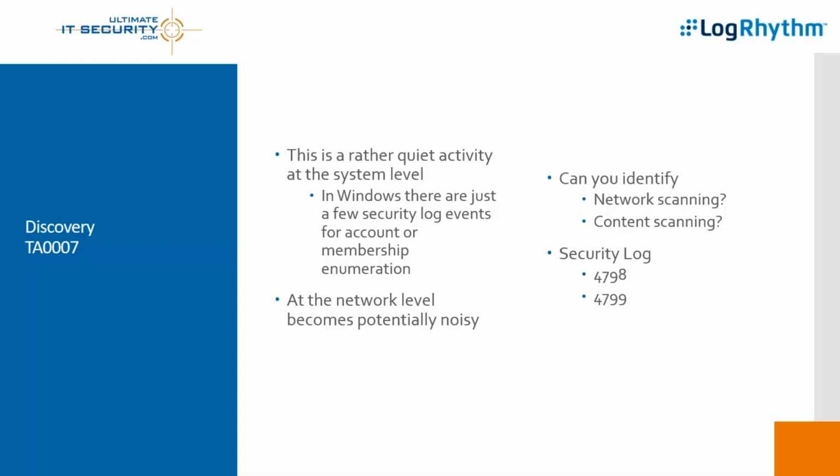At the network level, it can potentially be more noisy, because oftentimes the bad guy will have compromised just the first endpoint or the endpoint of the first employee that they were able to dupe with a phishing attempt.